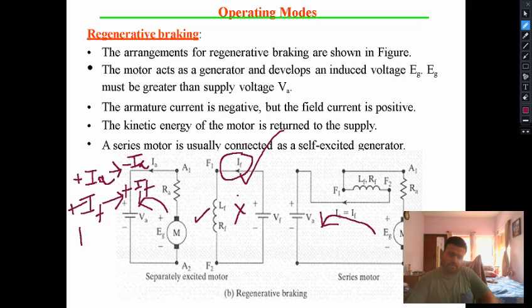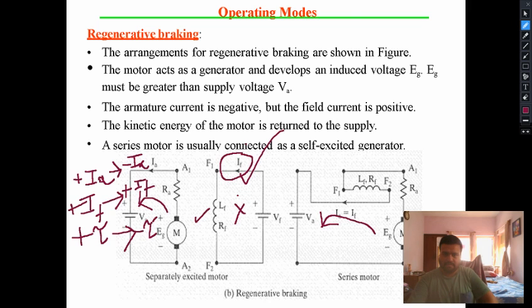The torque changes from plus tau to minus tau because in order to attain braking operation, the rotor has to exert an opposite force so that the system slows down.